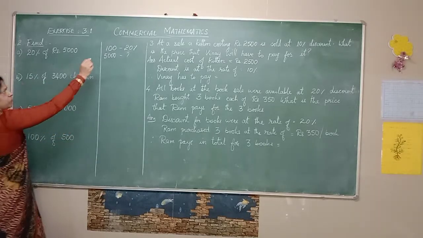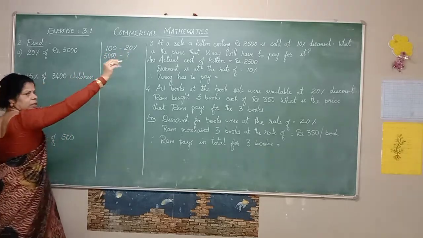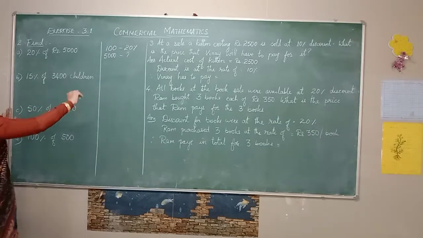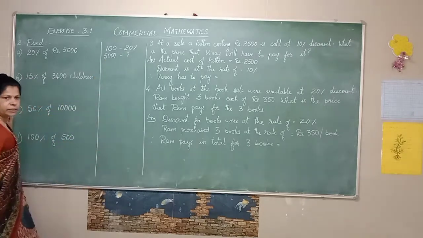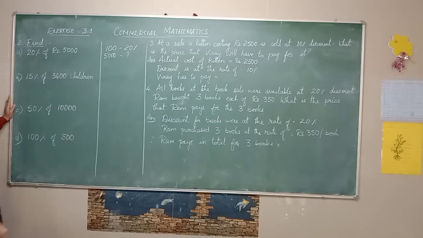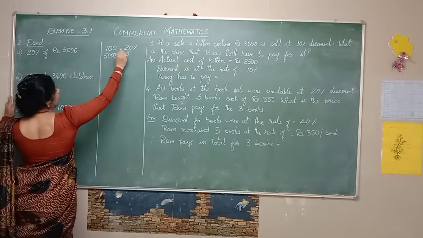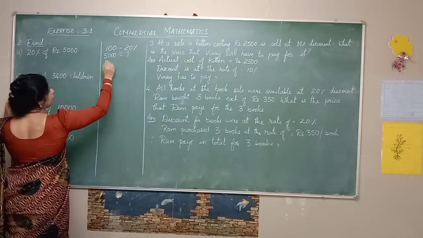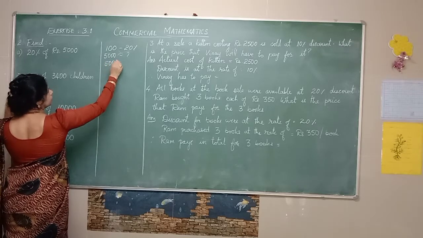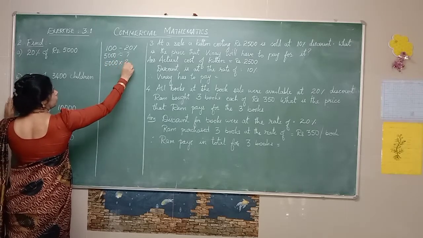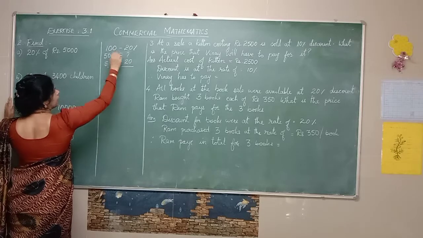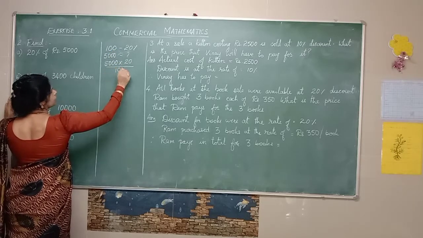For 100 rupees if you have a 20% discount, then what will it be for 5,000? What we have to do is cross multiply. That means 5,000 into 20 divided by 100. Understood?